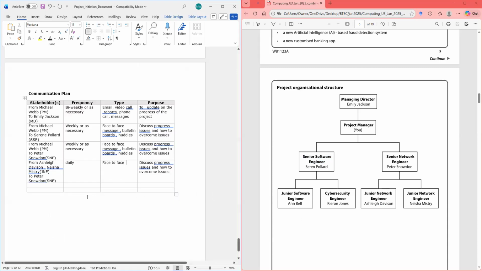And then junior software engineer, that's where Anbel comes in.